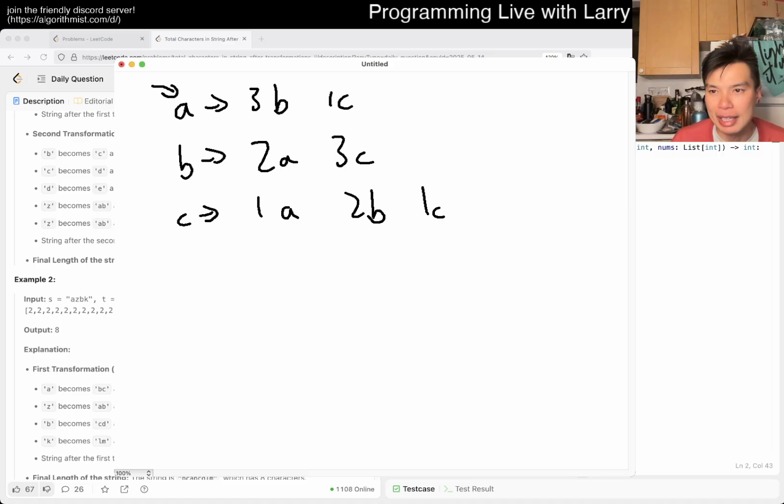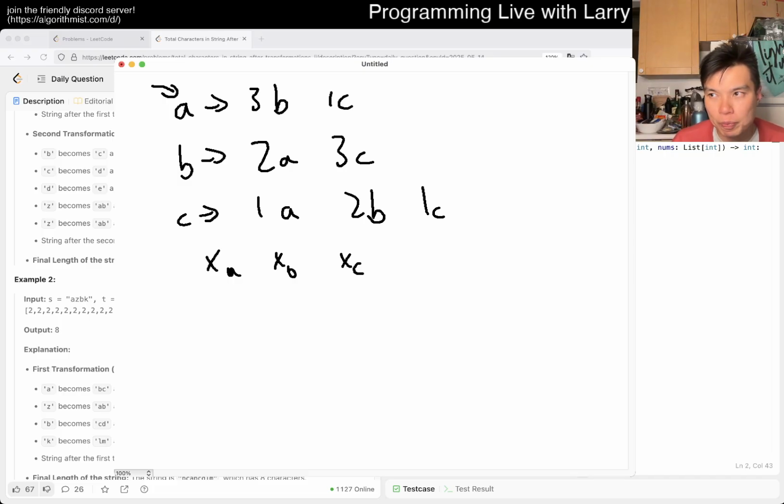Let's say you have a couple of x's. I'm trying to remember the notation for these things, but say x sub a, x sub b, x sub c. Maybe that's a little bit more precise.